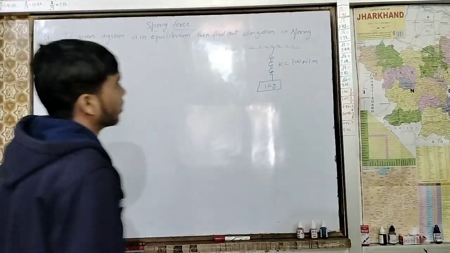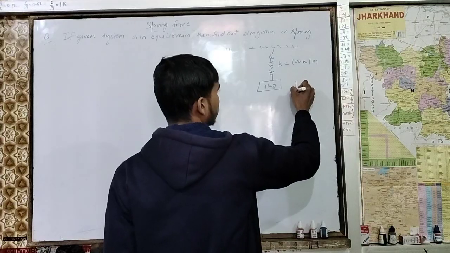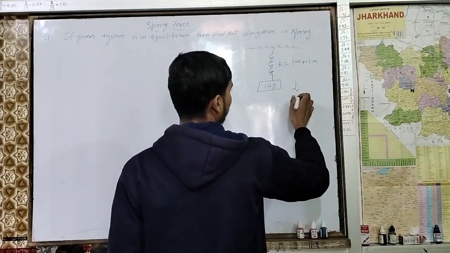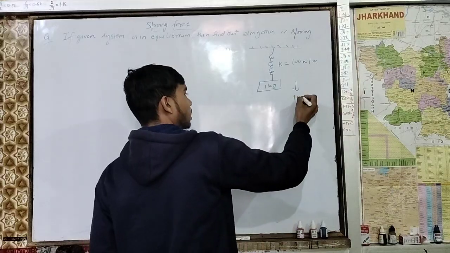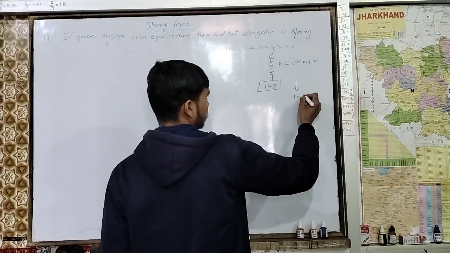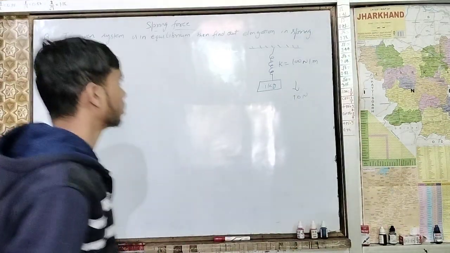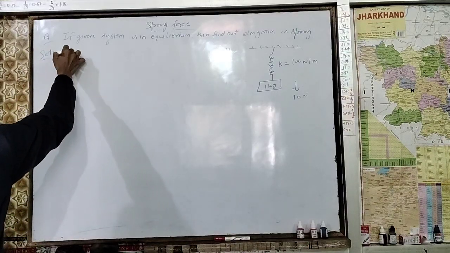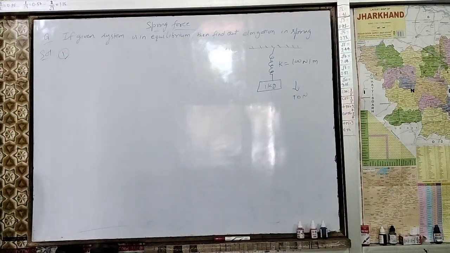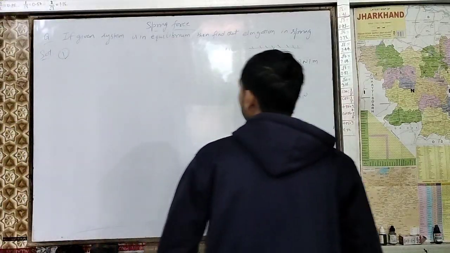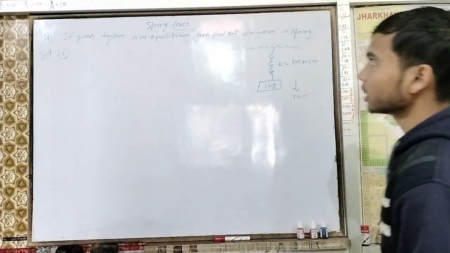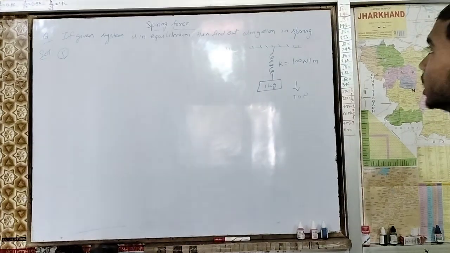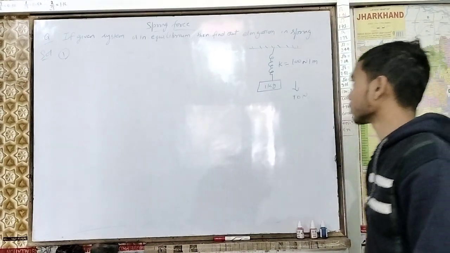For 1 kg, our mg will be 10 Newton. It is asking, if the given system is in equilibrium, meaning velocity is constant, then find out the elongation in the spring.